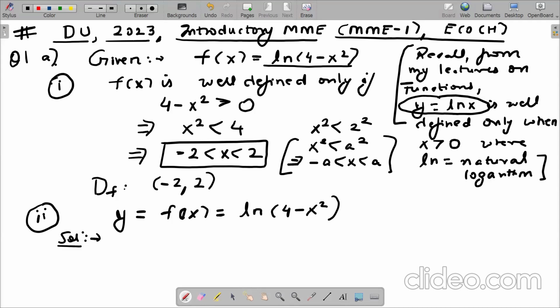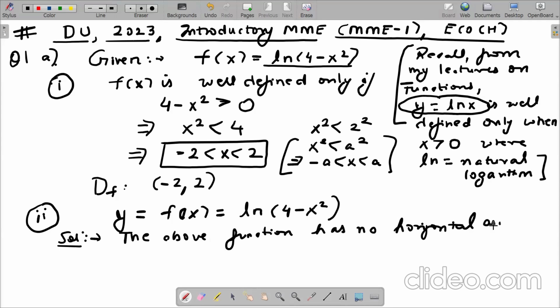the above function has no horizontal asymptote. Remember from my lectures on coordinate geometry, what is a horizontal asymptote?